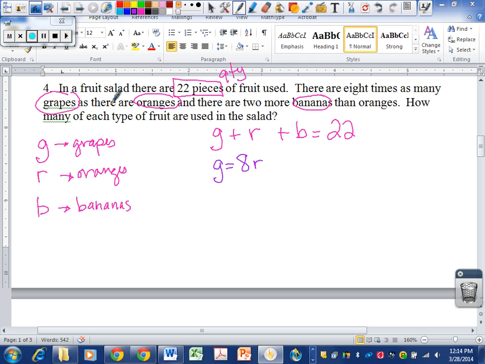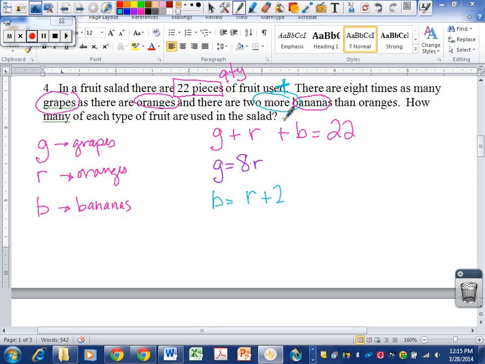So there are more grapes, so grapes equals 8 times oranges. And there are 2 more bananas than oranges. So bananas equals oranges plus 2. More than means addition.